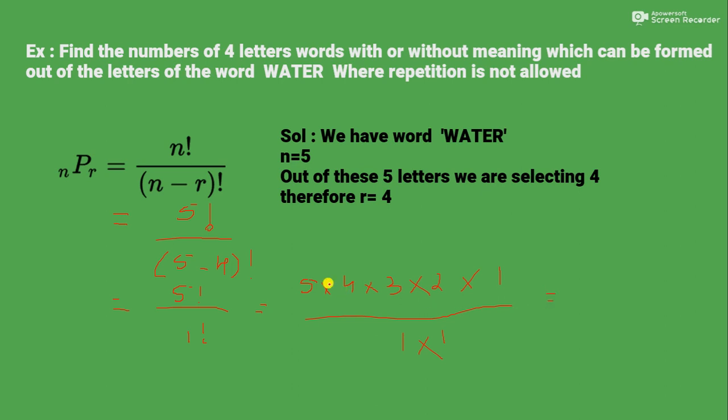These are the solution for this question. So this is the total number of words we can form using this word WATER. So this is how we can use the formula for permutation where repetition is not allowed.